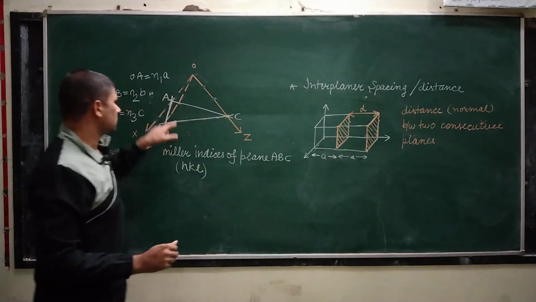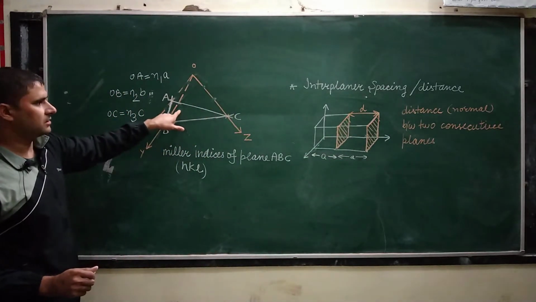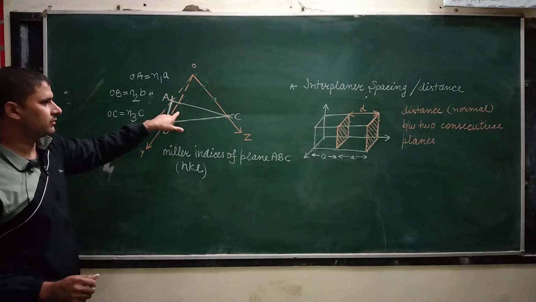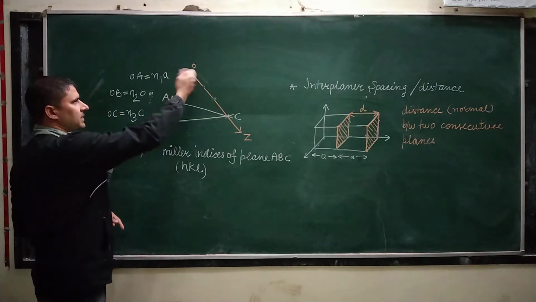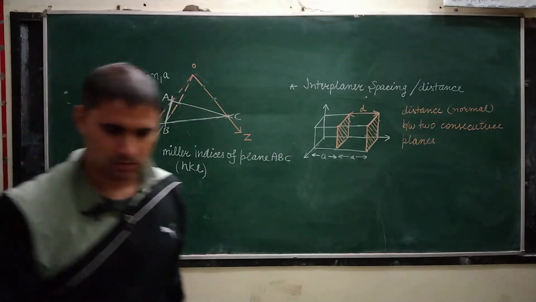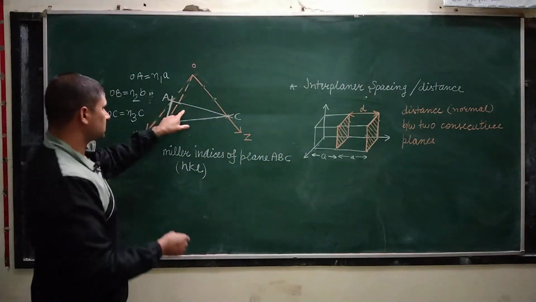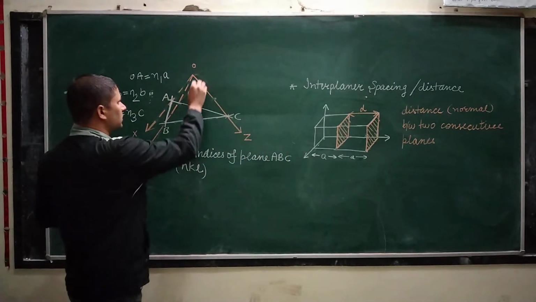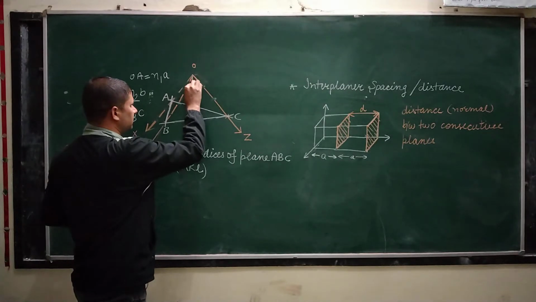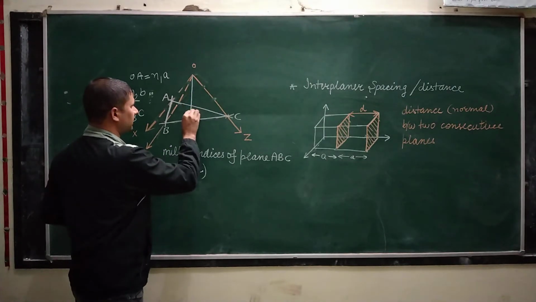Now come to this, we have a plane here. To find the interplanar spacing, what I will do is draw a perpendicular from the origin on the plane. This is the plane ABC. Here this is the plane, and this is the perpendicular.